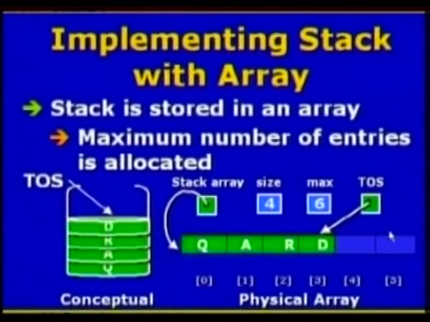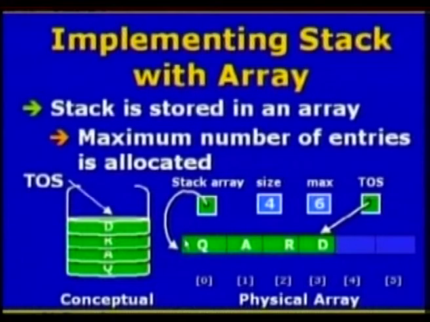However, in real implementation, I'm going to implement it as an array of size 6, in this case, the maximum size I'm assuming. And always, this is the stack S, a pointer S pointing to the beginning of the stack. However, when I push, I always add entries at location 0, location 1, 2, 3, and so forth. And this pointer actually is always pointing to the last full entry in this stack. So this is the top of my stack.